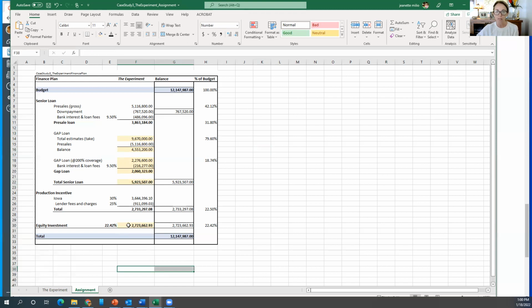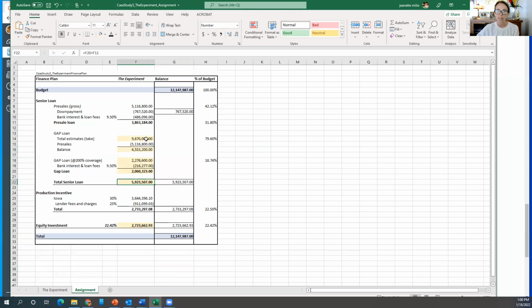It is $2,723,662.93, which is 22.42% of our budget, versus before it was $2,949,912.93, which is 24.28%.